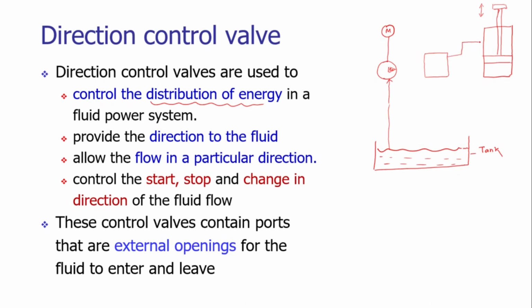So we require energy at the bottom portion of the cylinder to extend the cylinder. We also need the fluid to be applied at the top side, so that we can retract the cylinder. We can retract the piston rod inside it to reduce its length.